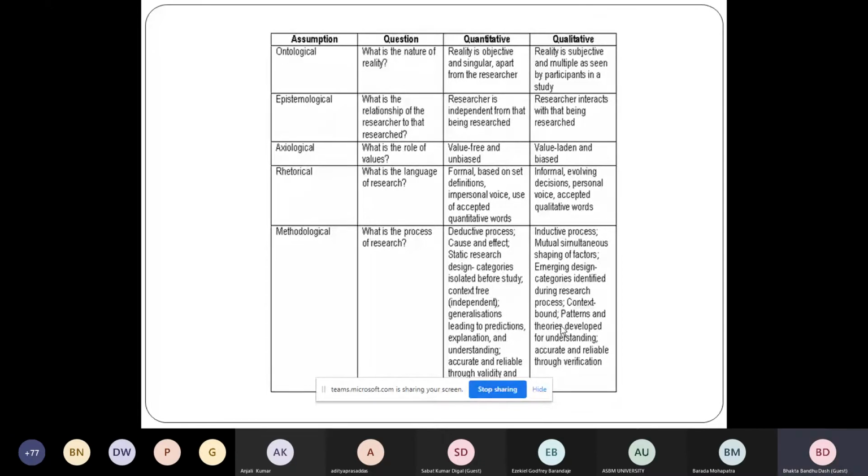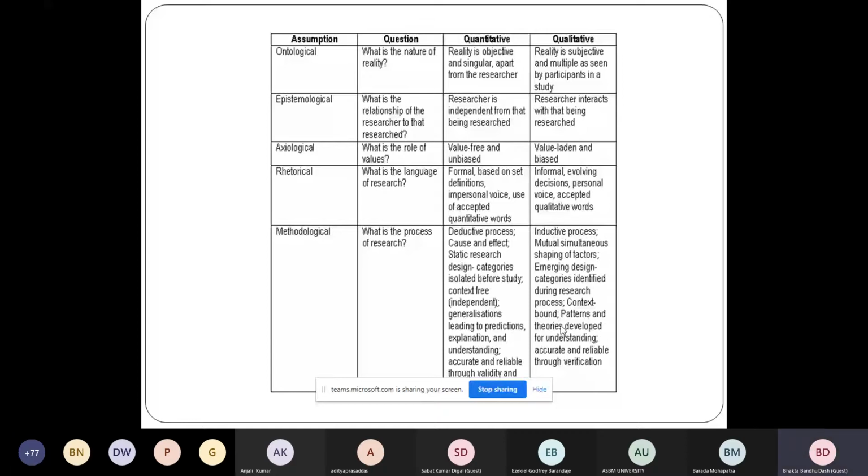Linking it to the quantitative base, reality is objective and singular, apart from the researcher. So we establish it and accept it. When we talk about the qualitative, sometimes we may not accept it. So what do we do? We flip and analyze in a subjective fashion.